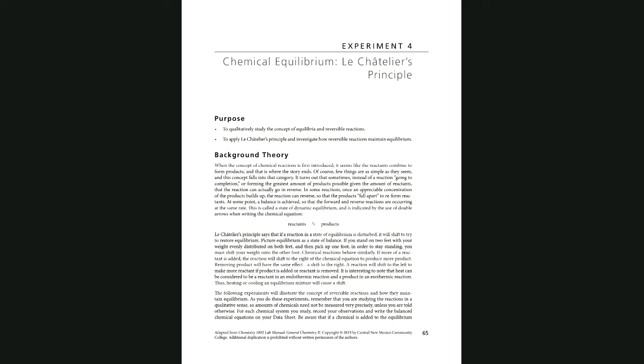When you see a double arrow, this means the reactant can change to product, the product can change back to reactant, and at one point the reaction is going to reach equilibrium. The rate of the forward reaction equals the rate of the reverse reaction. It doesn't mean that the reaction is going to stop, but the reaction is going back and forth with the same rate.